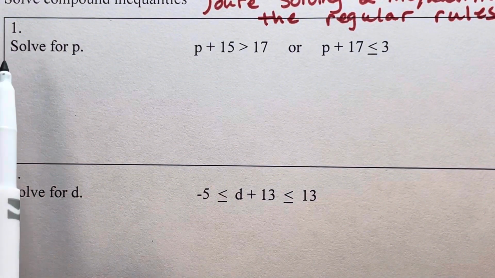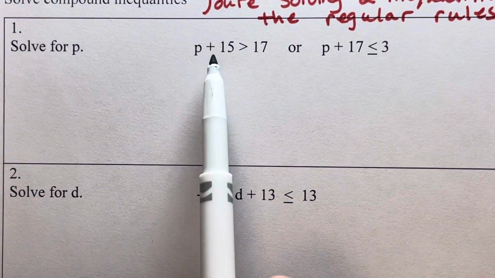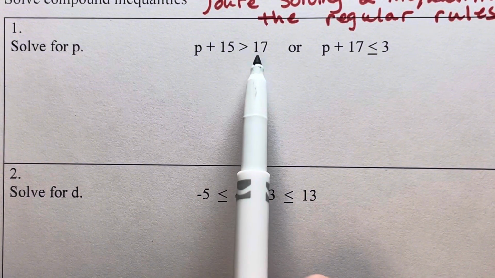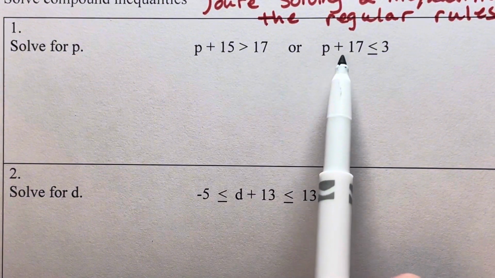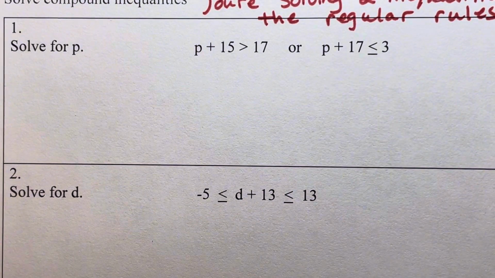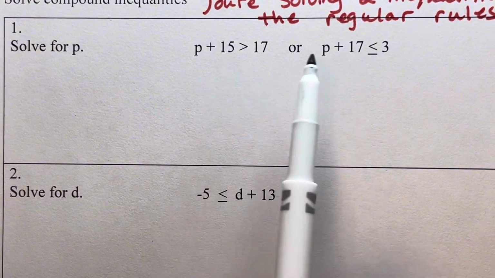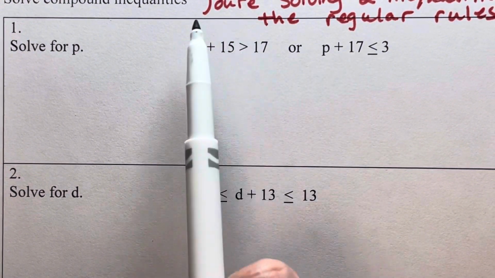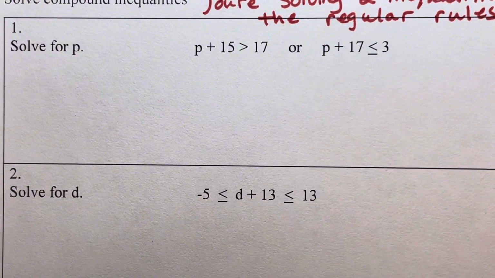Example 1, solve for p, where p plus 15 is greater than 17, or p plus 17 is less than or equal to 3. In working through these types of inequalities, it's important to realize that you're solving two separate inequalities.